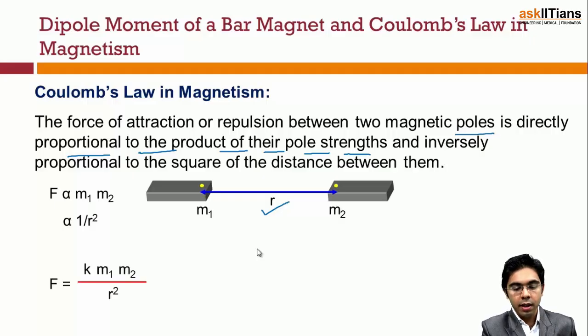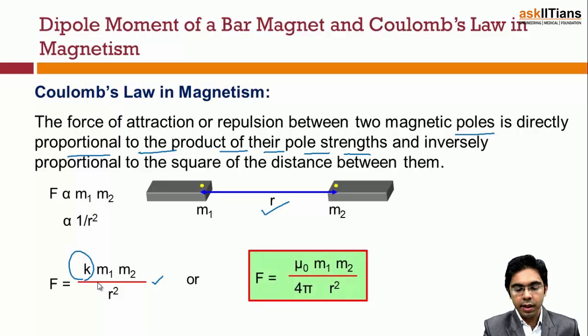So we can write this as F is equal to K m1 m2 divided by r square, where K is the proportionality constant. Or else we can write this as F is equal to mu naught m1 m2 divided by 4 pi r square.